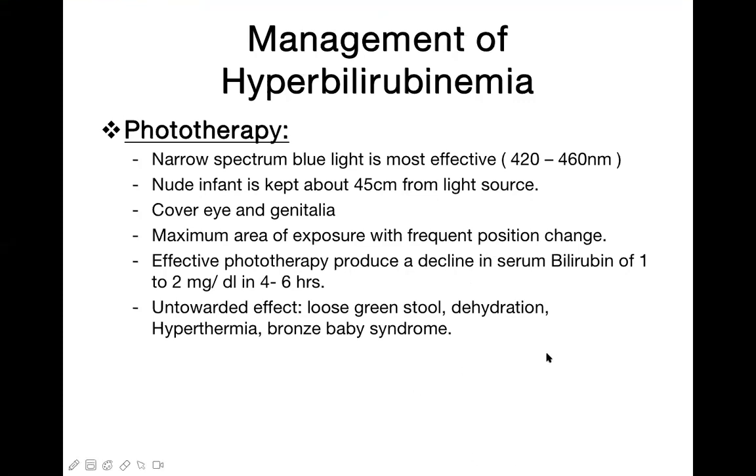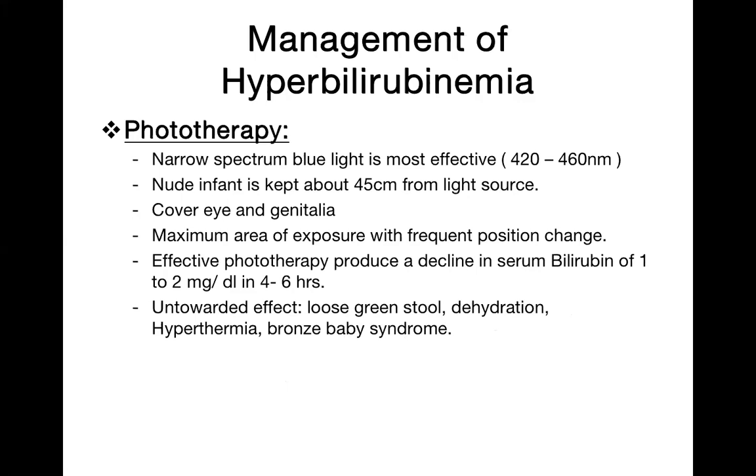Now they may ask you, what are the untoward effects or some unwanted side effects of phototherapy? Those are loose green stool, dehydration, hyperthermia or increased temperature, and bronze baby syndrome.